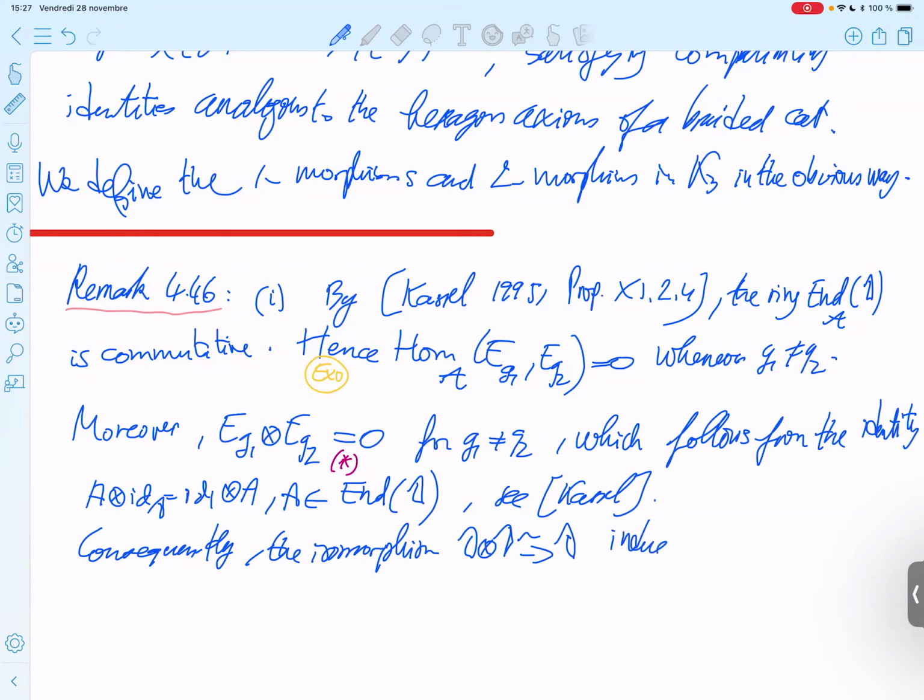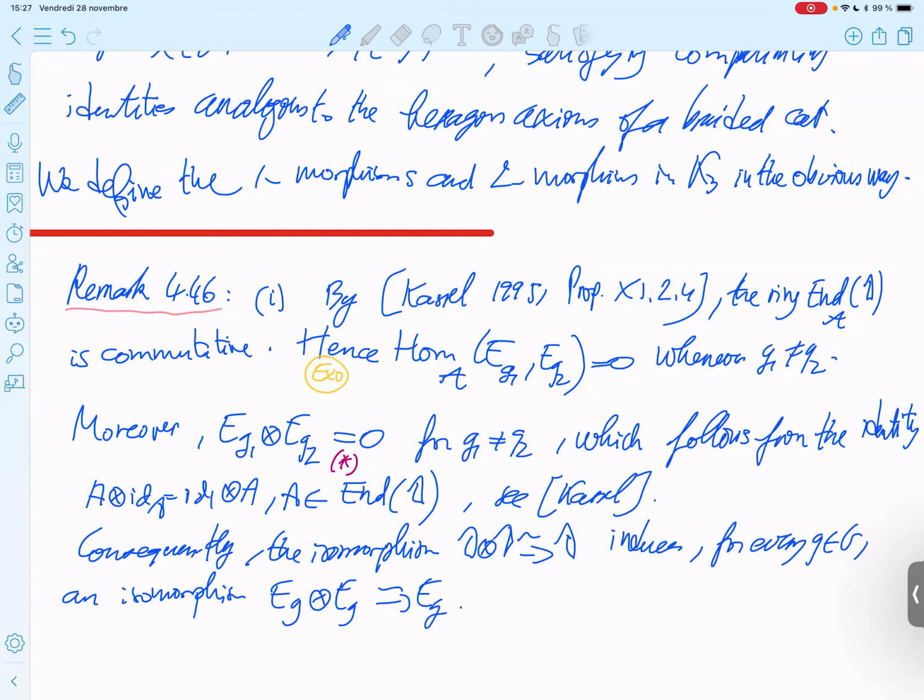This induces, for every element in the group, an isomorphism between E_G tensor E_G and E_G.